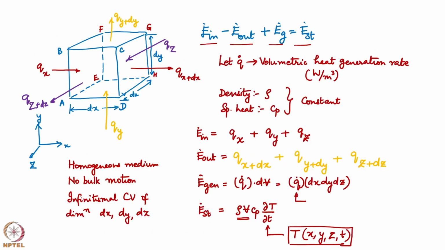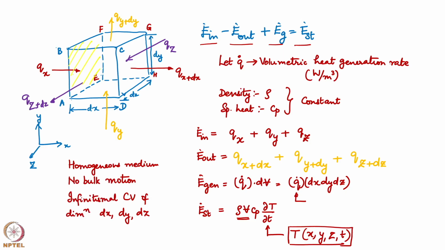So, q x is nothing but minus k A dT by dx. And what is this A? Let us go back to our control volume. Q x is in this direction through the area A, B, F, E. So, let me just shade it here. I will just shade this area here A, B, F, E, this is the area.